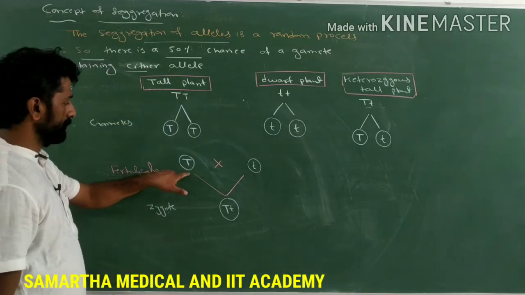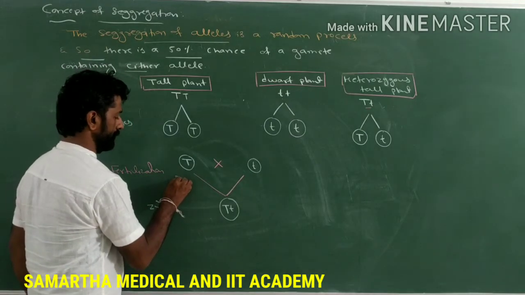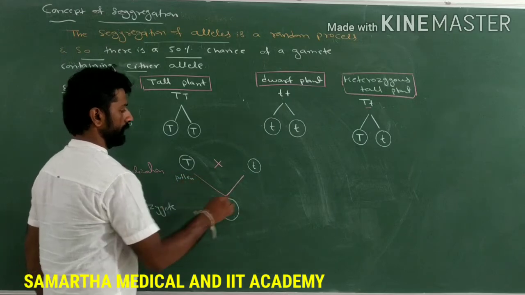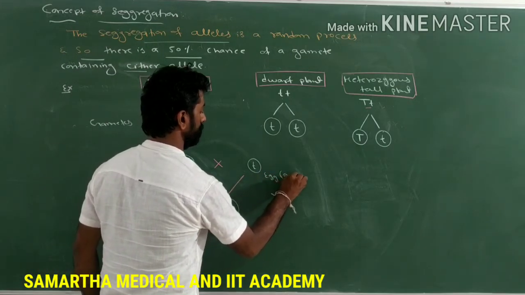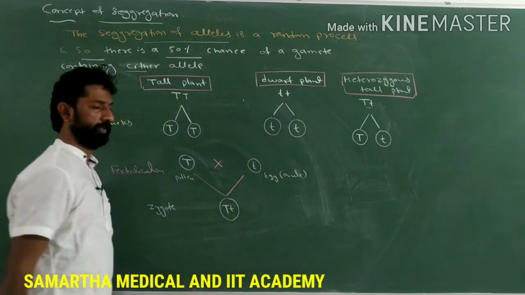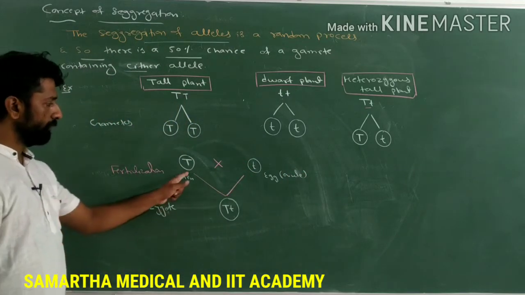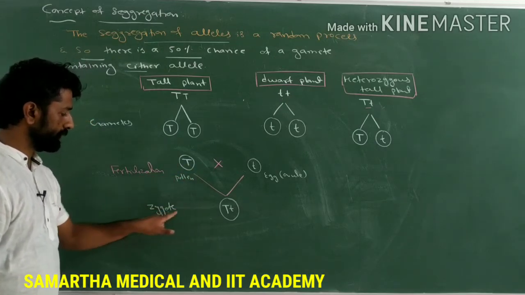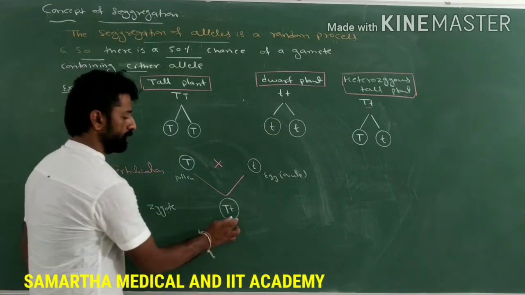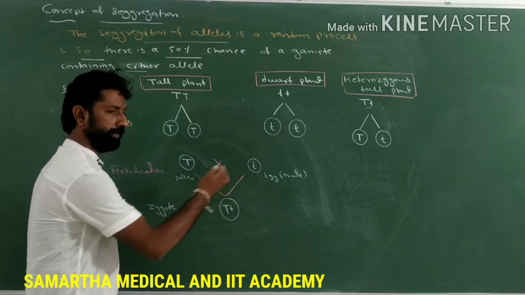Say, for example, here it is representing the pollen and here the egg or ovule from the female part of the plant. When they get crossed or undergo fertilization, they produce the zygote, and that zygote will have the combination of parental alleles.